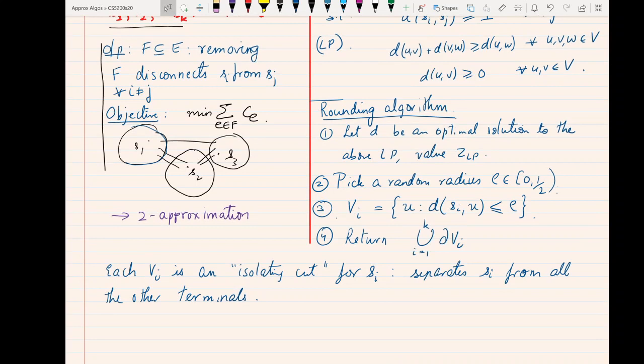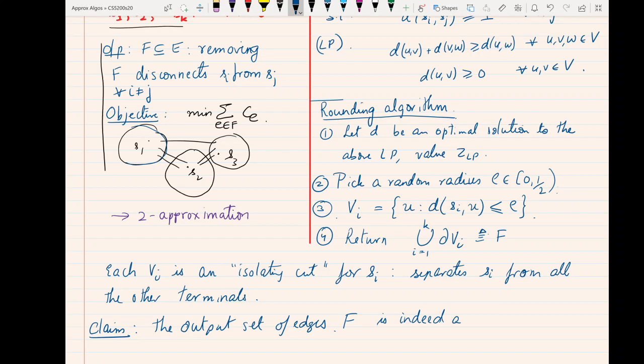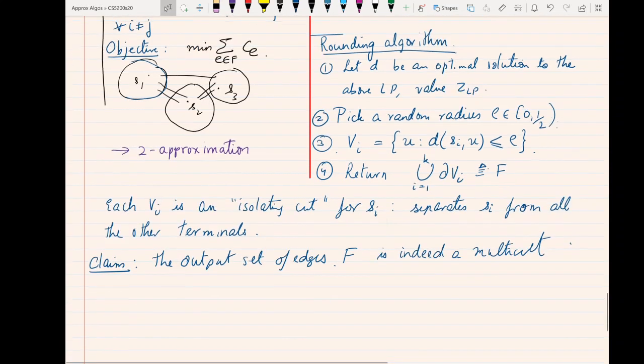Let me call the union of the edges crossing each of these F. The output set of edges F is indeed a multicut.